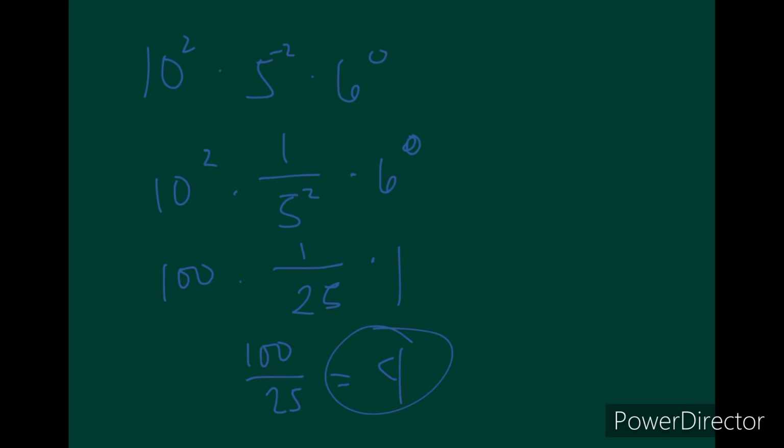But take note. Another example. How about this one? 4 raised to negative 2 over 5 raised to negative 3. Again, get the reciprocal of each term, the numerator and the denominator: 1 over 4 squared all over 1 over 5 cubed.